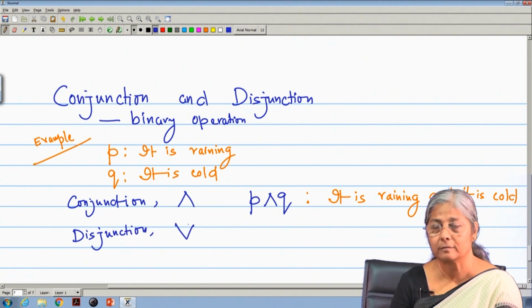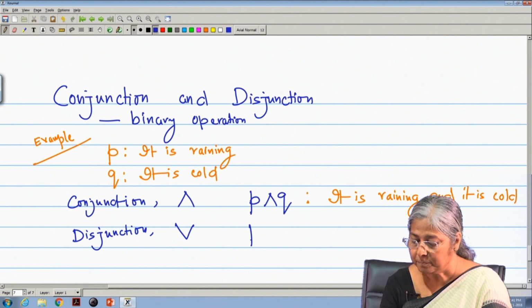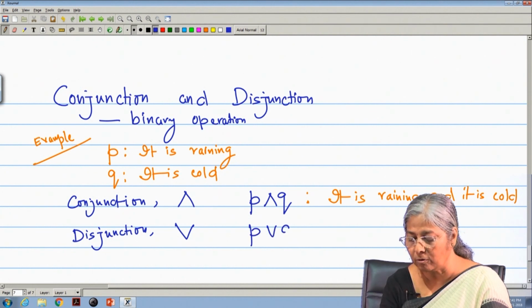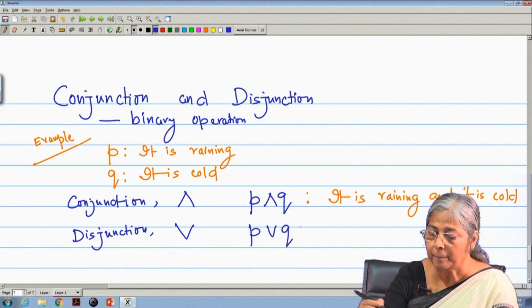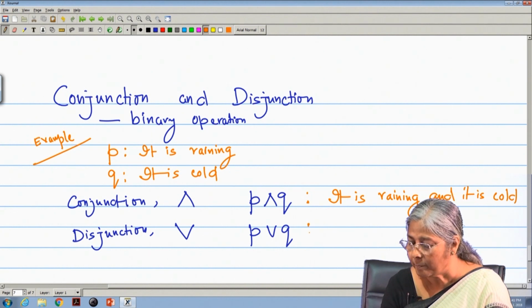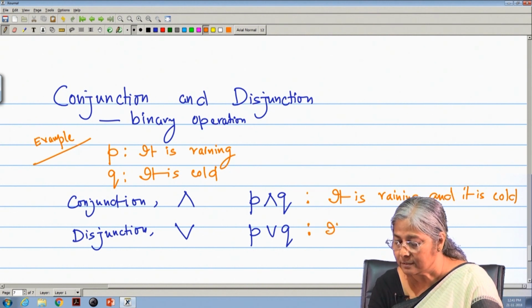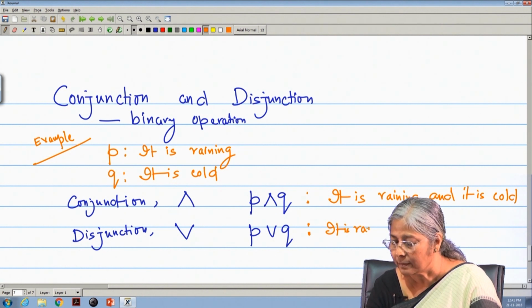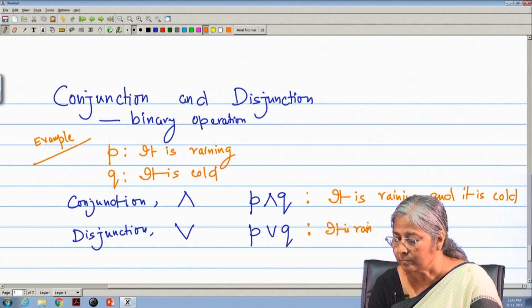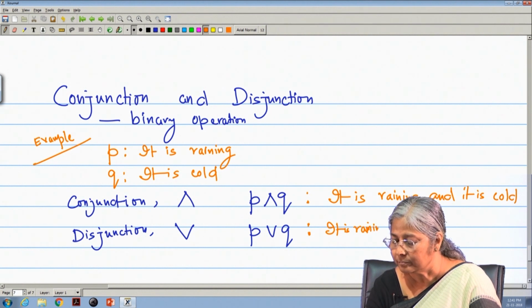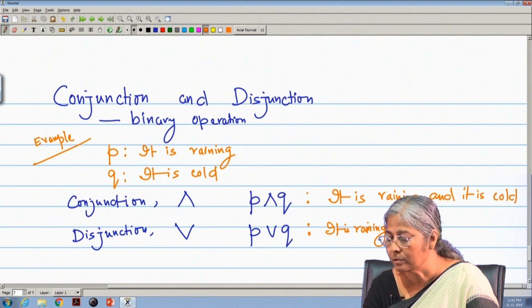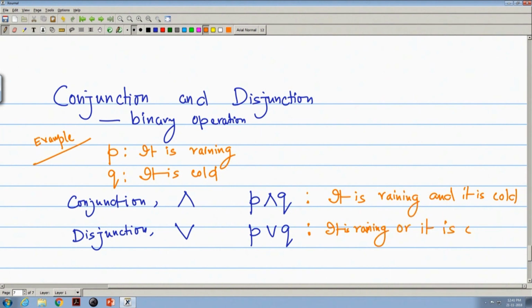We denote it by this symbol, normally called OR, and P or Q means it is raining or it is cold.